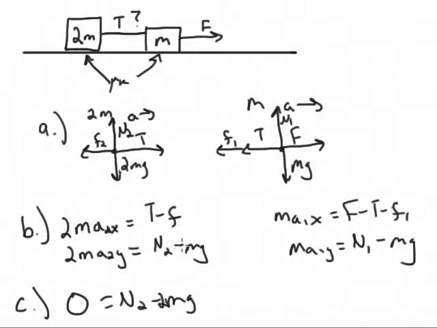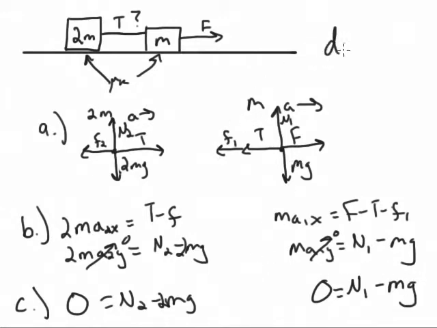Sorry, should have been a 2 here. Likewise, this is 0, so we'll get 0 equals n1 minus mg. So that's C.